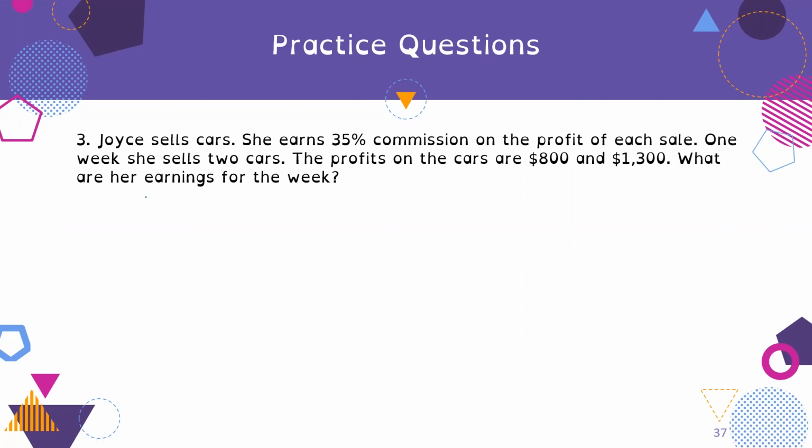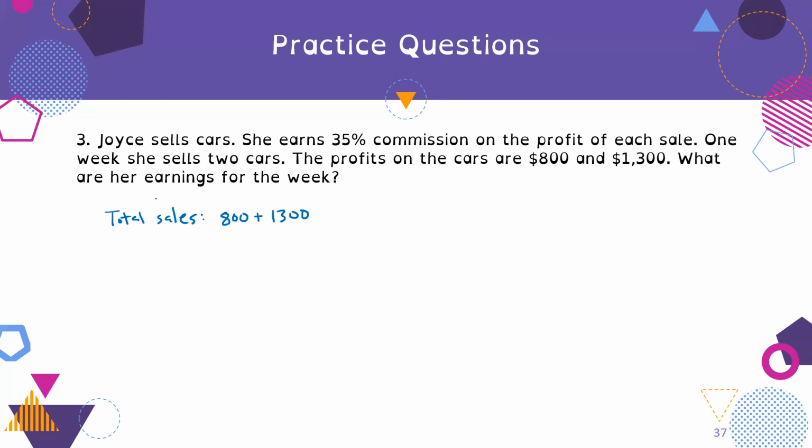So first we need to figure out total sales. You could figure out the commission on both and then add it together. I would prefer to figure out the total sales and then find the commission. So total sales are 800 plus 1,300. And this is the total profits, not the total sales.